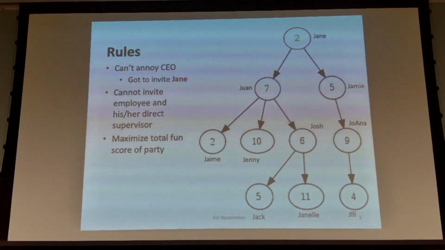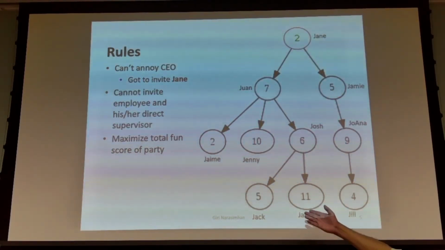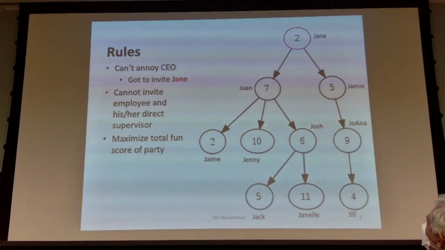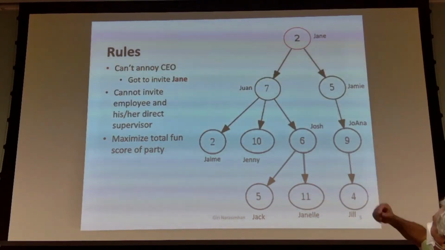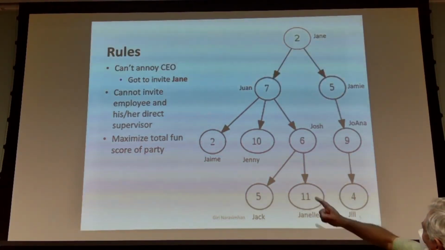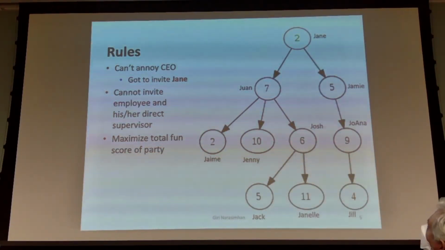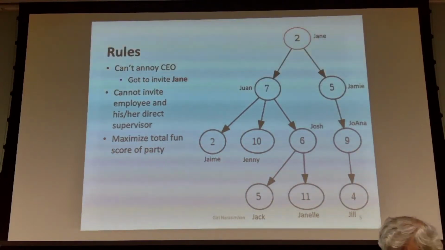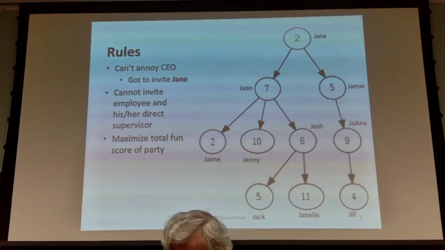Jamie, Jenny, Joanne. One possibility is to go the greedy way and say, Janelle looks fabulous, Jenny and Joanna I like, and maybe Juan, and of course I have to call Jane. But there is a hierarchy, so I can't just randomly call people.